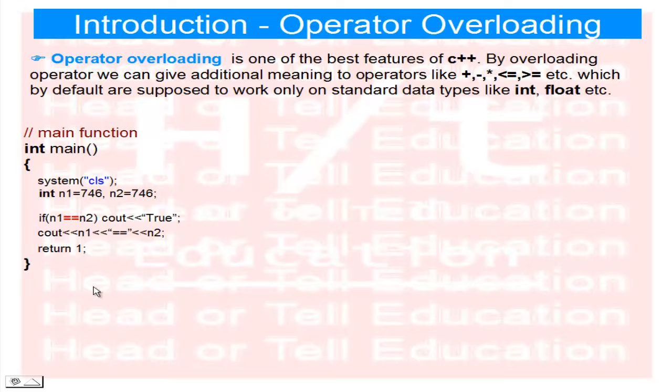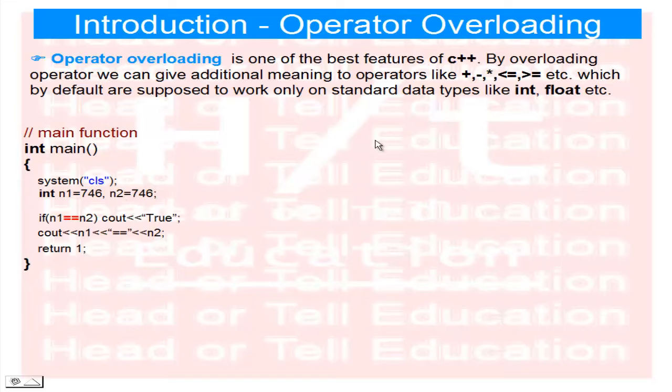So first we check a very simple program in C++. I have created two variables of data type int, n1 and n2, and assigned the default value 746 in both variables.